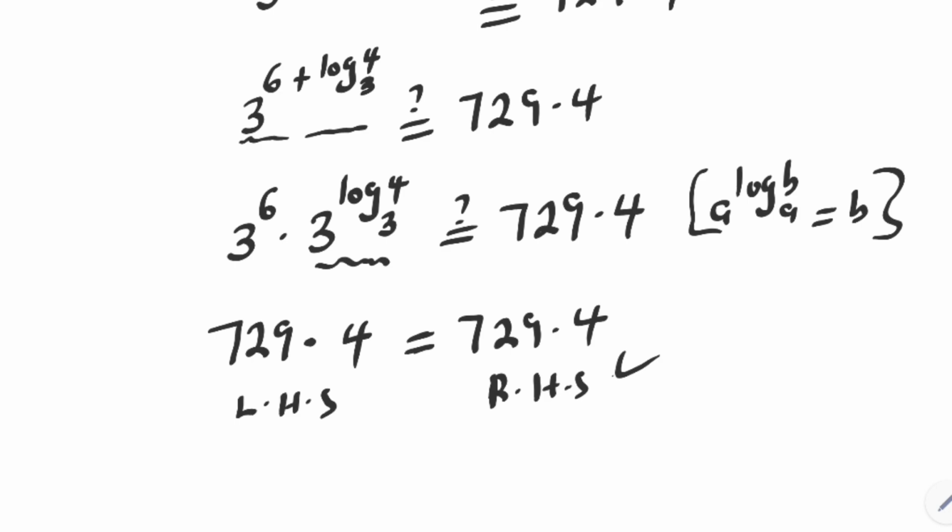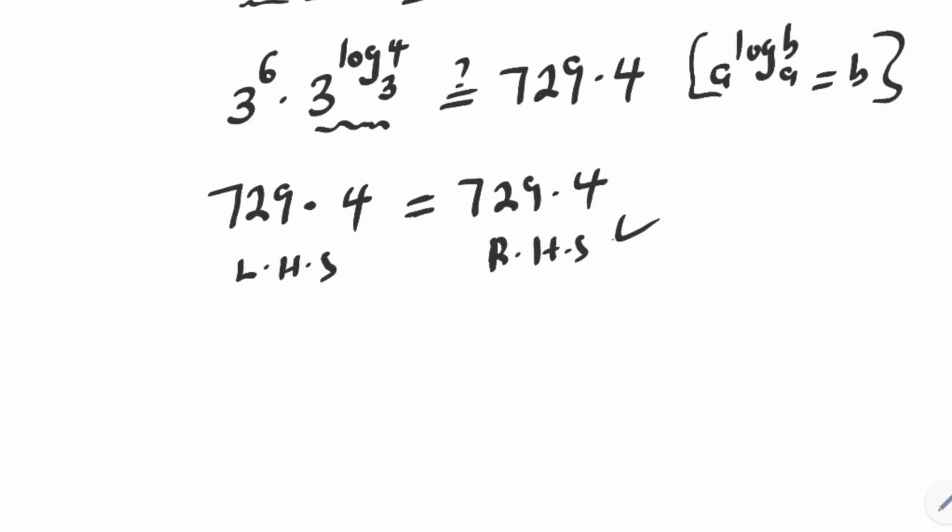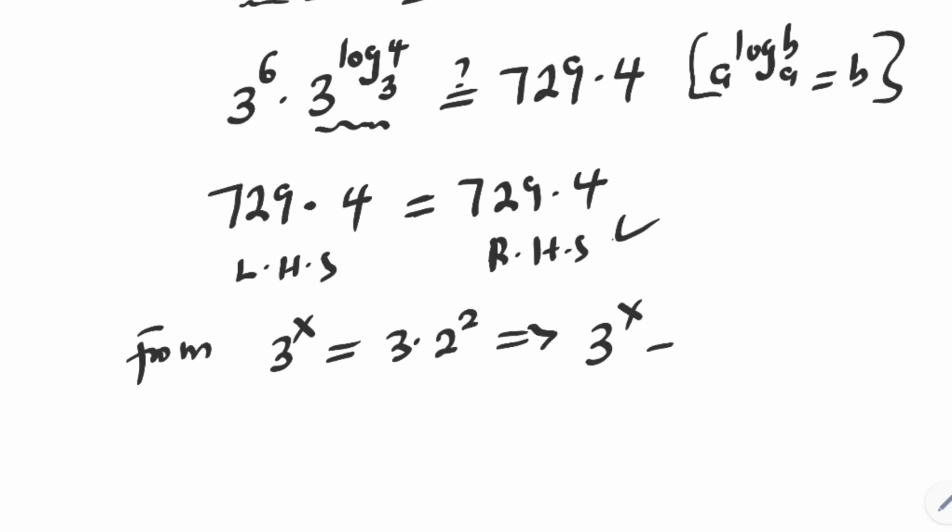Then if you want to use your calculator, it will be from 3 raised to power x is equal to 3 multiplied by 2 square. This is same thing as 3 raised to power x is equal to 3 multiplied by 4. And this is 3 raised to power x is equal to 12.